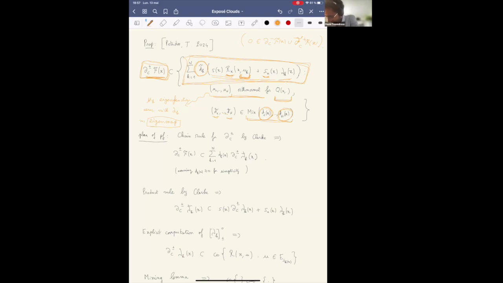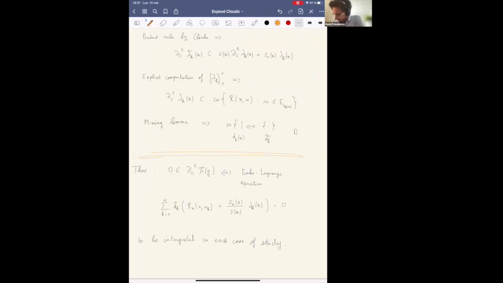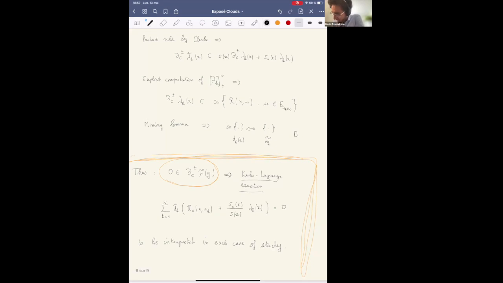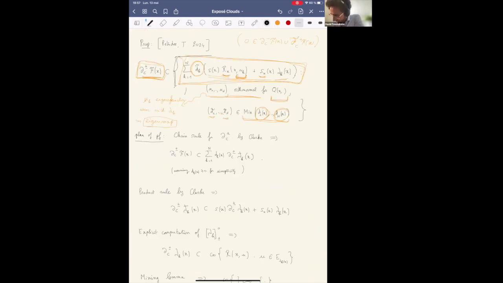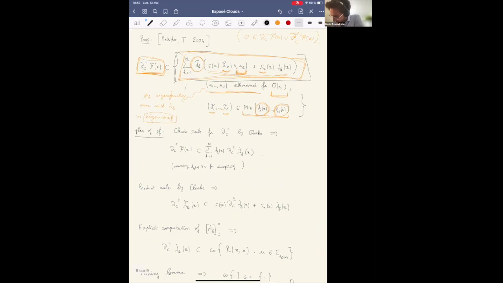Maybe I can jump directly here to say that from this proposition, if 0 belongs to this union of sub and super differentials, it's just one implication, the converse is a bit more involved. If we know this, then we get for free an Euler-Lagrange equation, because we have one element in this set that must be 0, given by an orthonormal family and these strange weights.